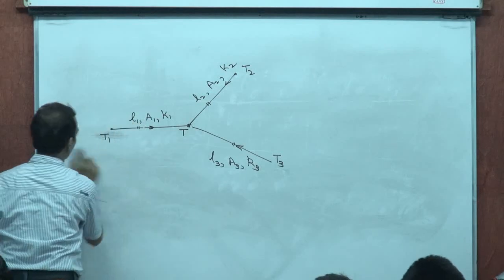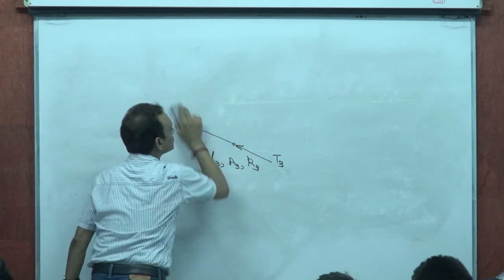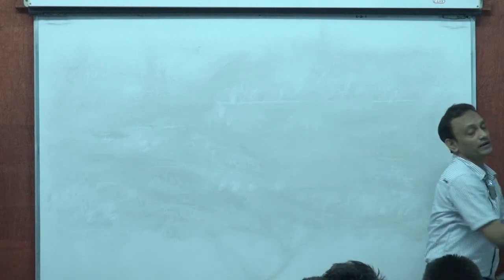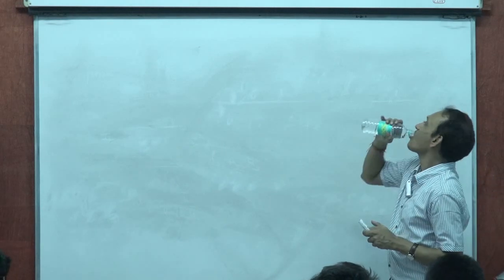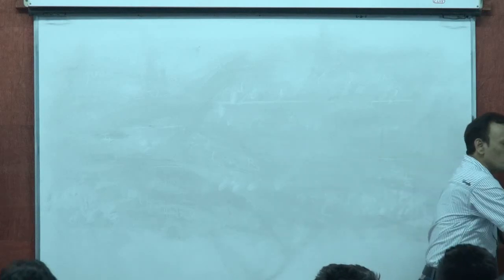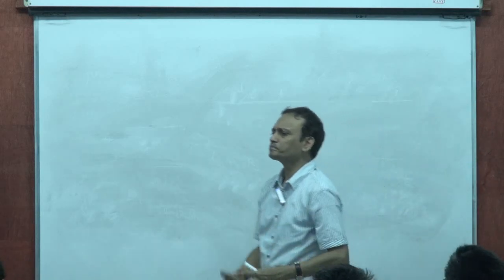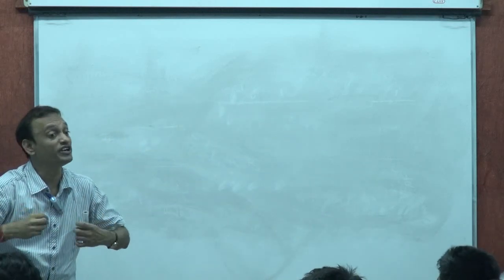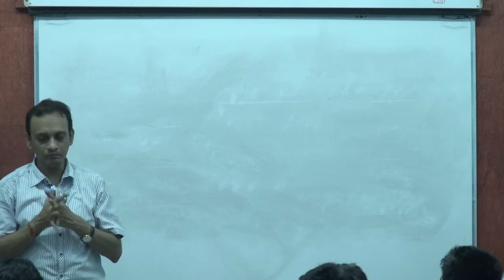Now, let me look at cases where it is one-dimensional, steady state, but say the area of cross-section could be varying.